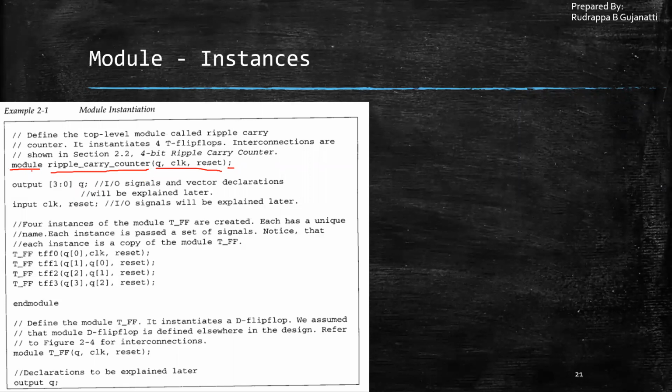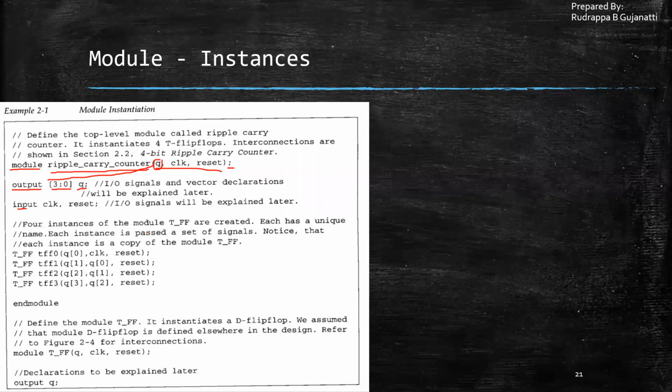This is the keyword, this is the module name, and these are the terminals or the ports which are required. Then you have declared some parameters, like output [3:0], that is 4 bits, which is Q. So Q will be acting as the output. Then input: clock and reset, these two will be acting as the input.